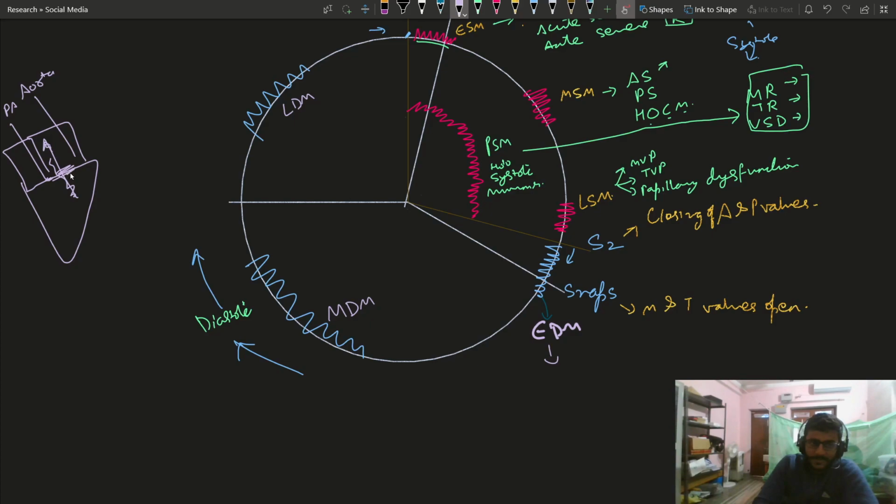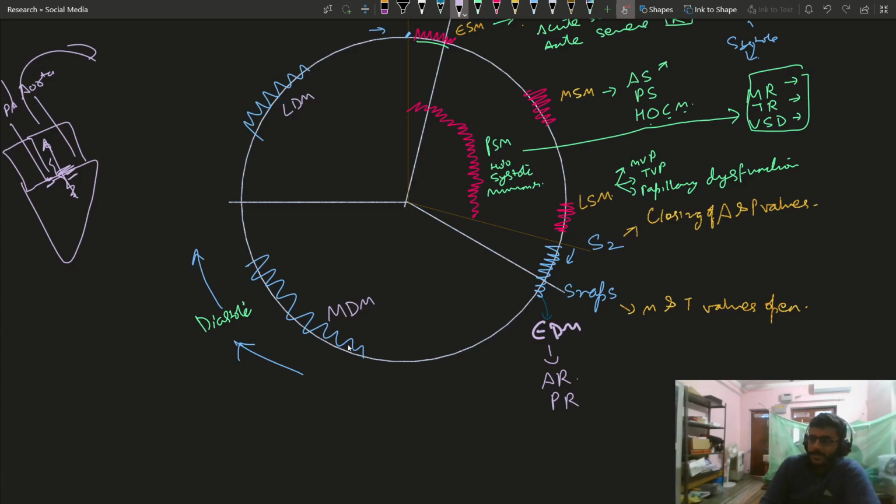Now the valves are supposed to hold the blood in, and the blood is supposed to only travel forward, out of the heart. But if there is a failure of these valves right at the very beginning, the early diastolic murmurs will be due to aortic regurgitation or pulmonary regurgitation. So that will be early.